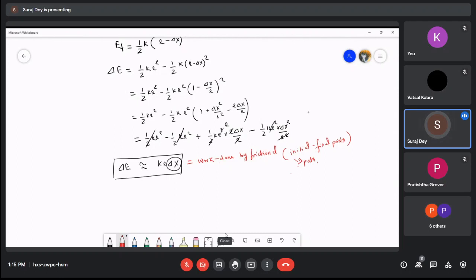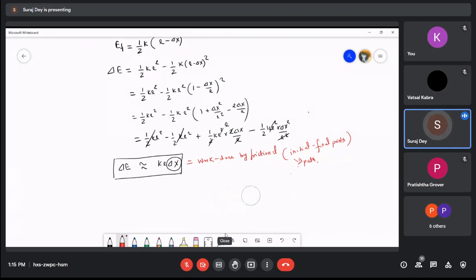This is very intuitive in the sense that if I'm moving on ground that has some friction, and I want to go from one point to another point, then the total energy loss I suffer will be less on a shorter path and greater on a longer path, because a longer path means more frictional losses.